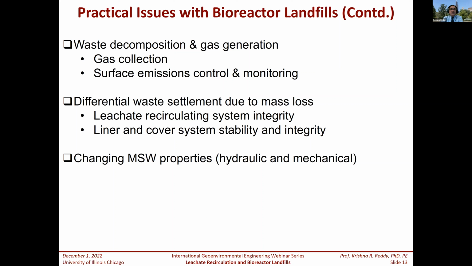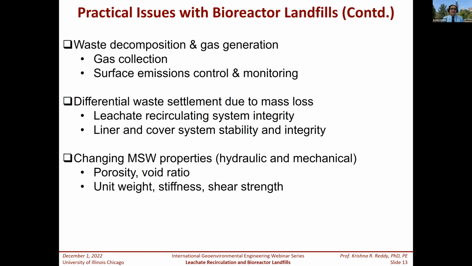And then one should realize that as you are injecting the leachate, as the waste is degrading, basically solids are disappearing into the gas phase, and then the properties of the MSW will change. The hydraulic properties will change, mechanical properties will change, because what you started with, a certain solid composition, is changing, right?